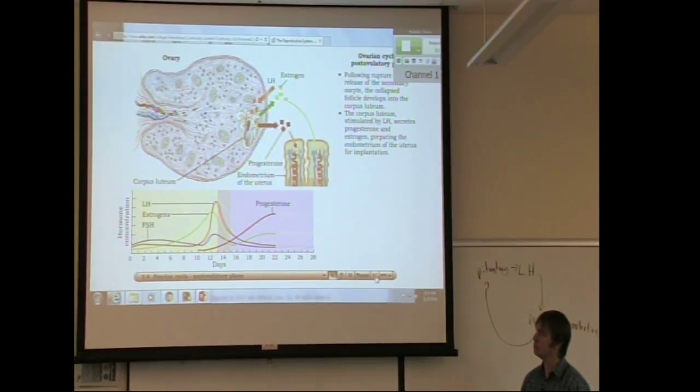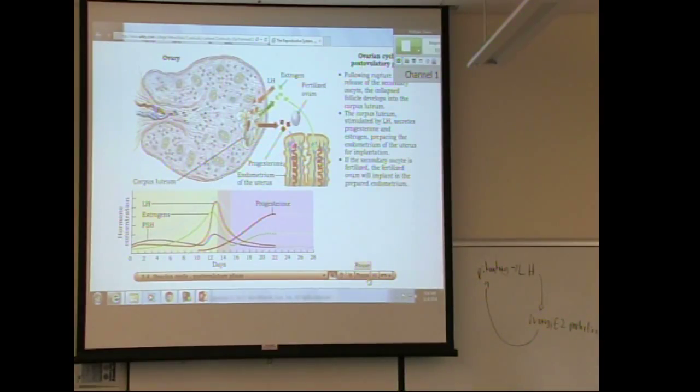This prepares the endometrium of the uterus for implantation. If the secondary oocyte is fertilized, the resulting embryo will implant into the prepared endometrium. If the secondary oocyte is not fertilized, it degenerates.